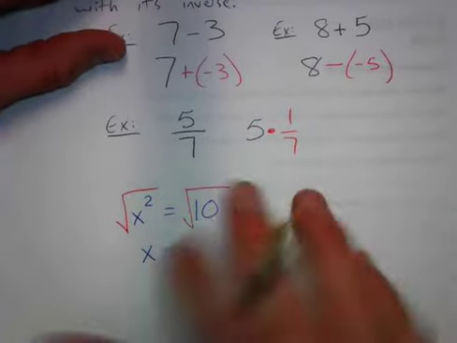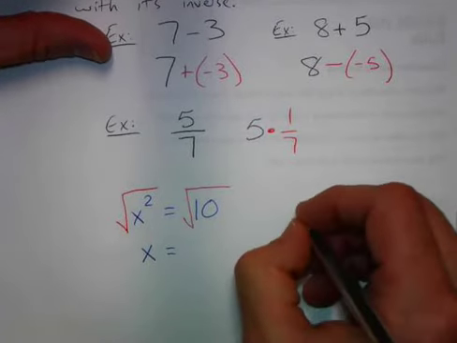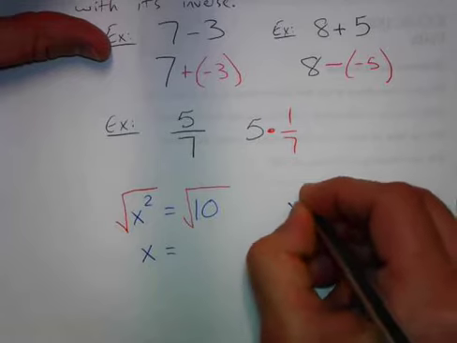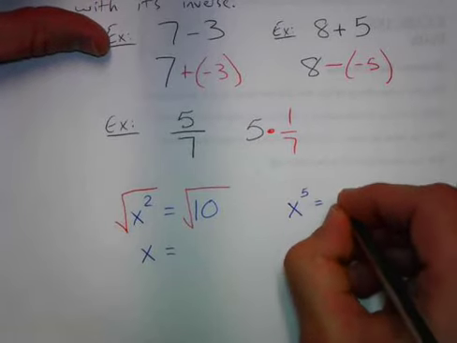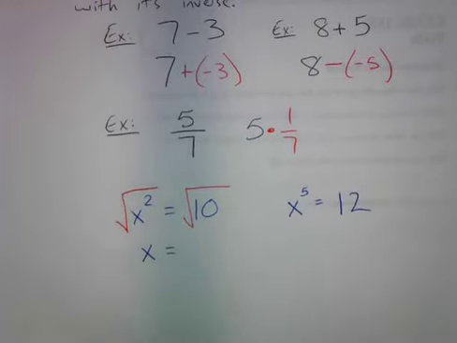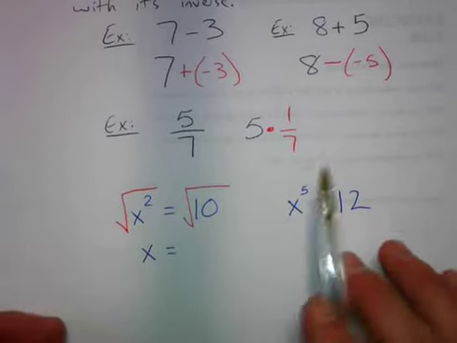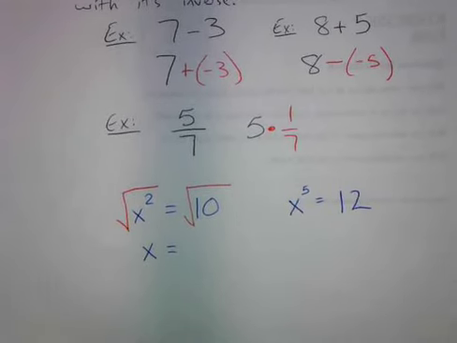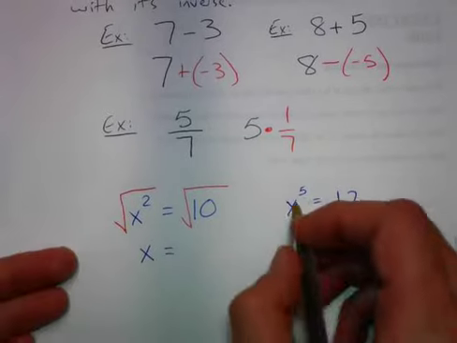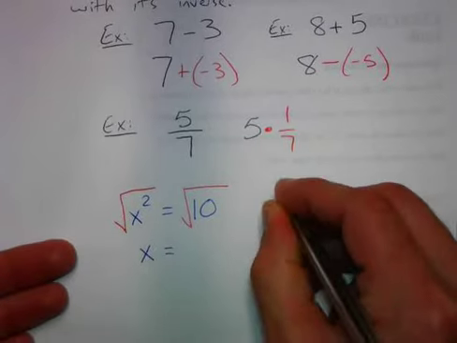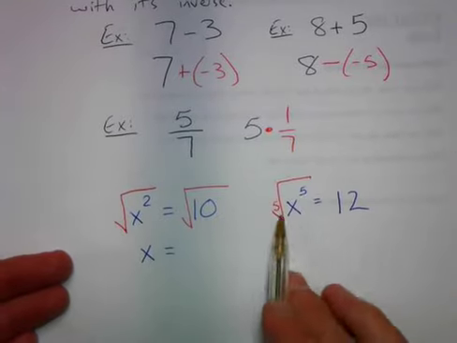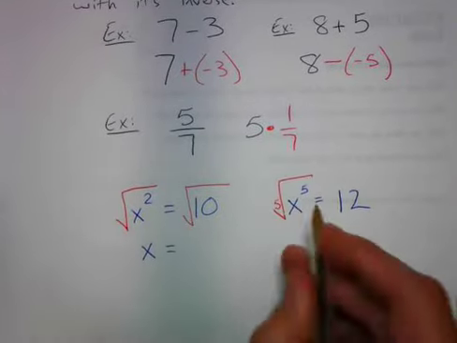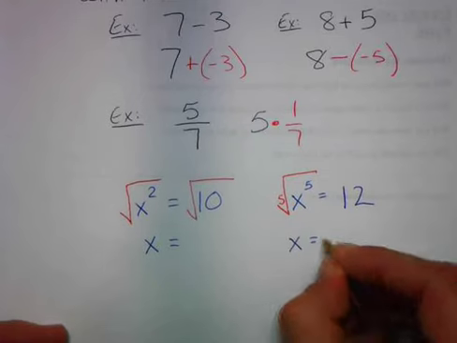Now we can start to think about some current material. What if we had something like this? x to the 5th power is equal to 12, or whatever. It doesn't matter. If we had x to the 5th power equals 12, how in the world can we undo the 5th power? You start thinking about current material from the previous notes in this unit, and hopefully you can come to the realization: if I take the 5th root of x to the 5th power, wouldn't that give me x?